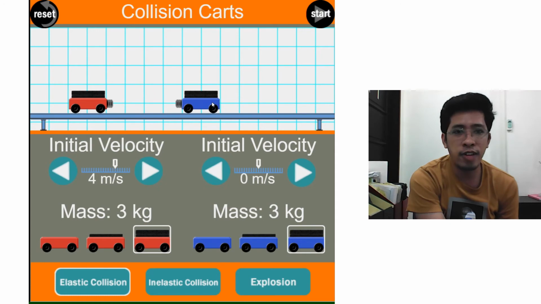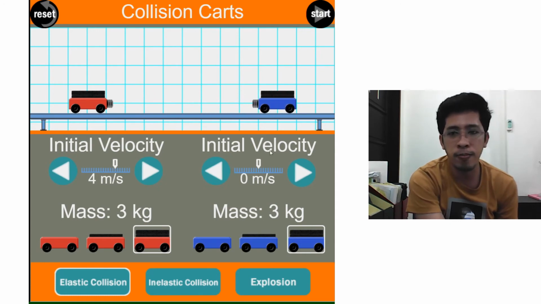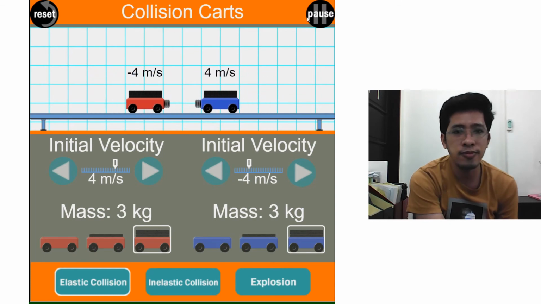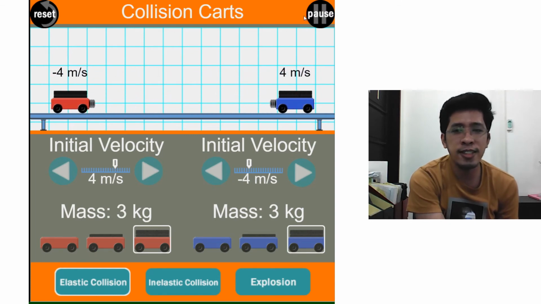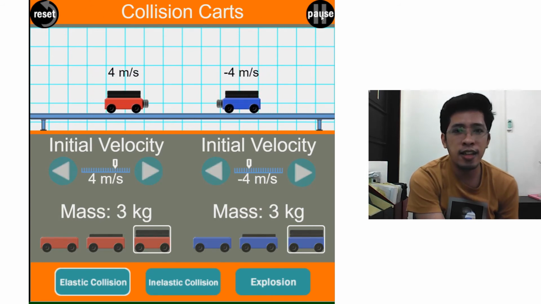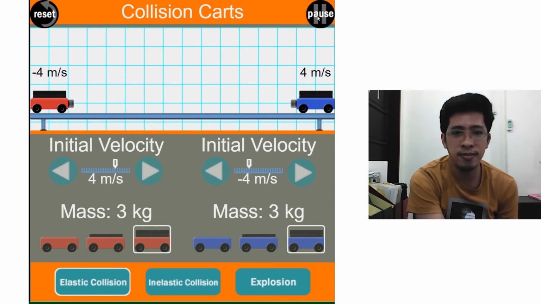So your red cart stops and then your blue cart moves. Now let's give your blue cart the same velocity but in the opposite direction. As you can see, they bounce back, and as they bounce back, they still move with the same velocity.